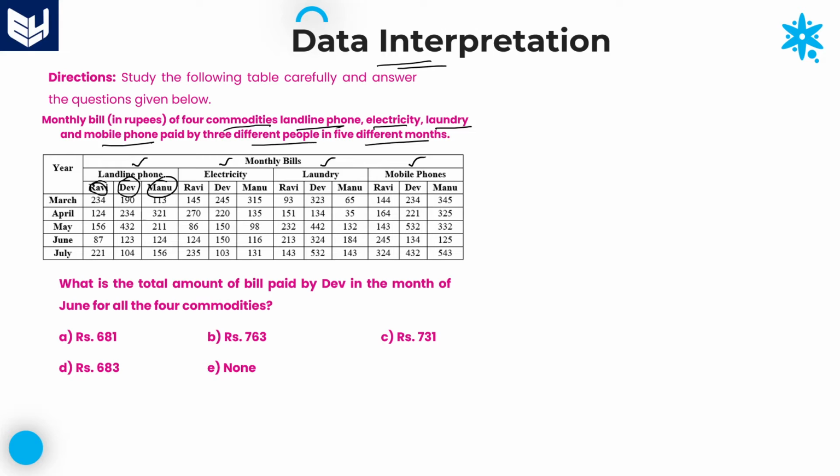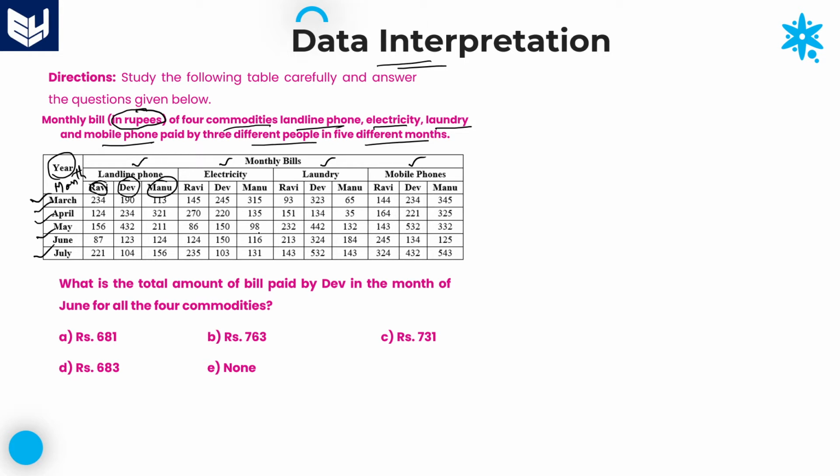One more piece of information is also given over a different period of months, that is March, April, May, June, July. This is not year, this is months. These are the 5 months, and all the values in the table are in rupees, each and every bill in terms of rupees.